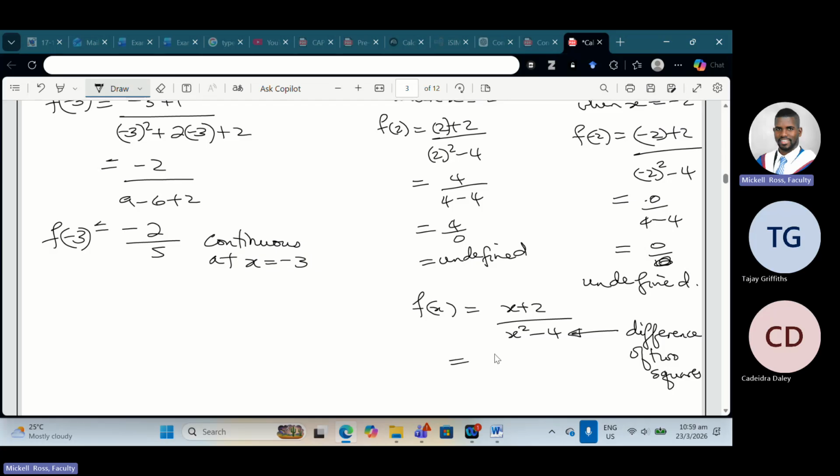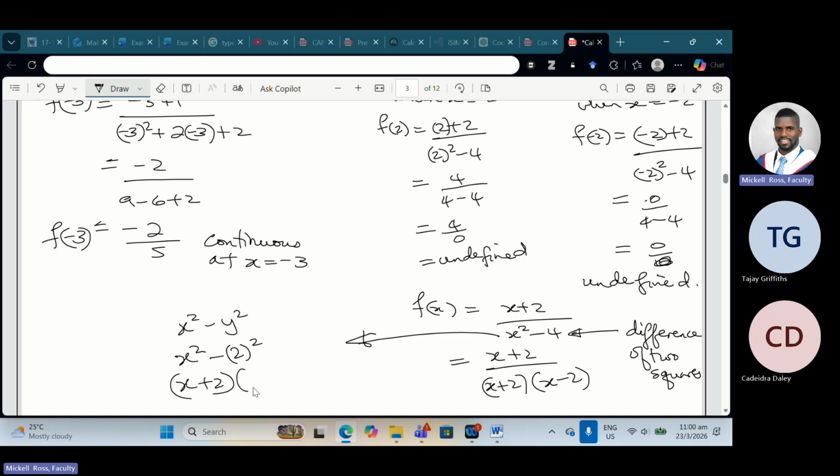So we can write it as x plus 2 all divided by x plus 2, x minus 2. All right, that's the difference of 2 squares, because this can be written in the form x squared minus y squared, which is x squared minus 2 squared, which is going to give us x plus 2 and x minus 2.